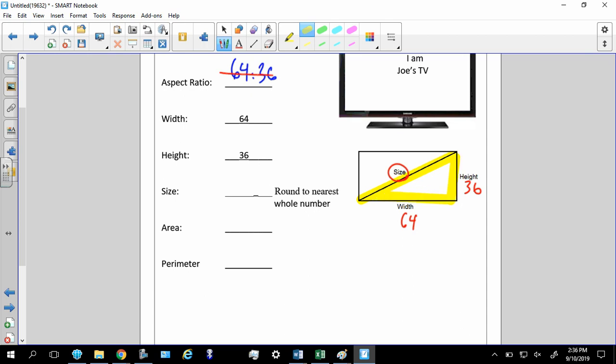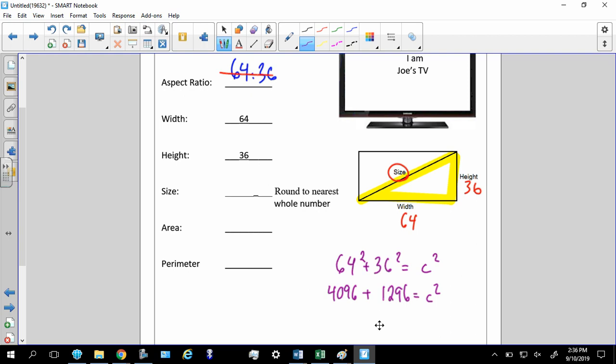Hey, look at that, that's the Pythagorean theorem. Oh, that's easy. So 64 squared plus 36 squared equals c squared. If I can do this real quick: 64 squared is 4096, plus 36 squared, 1296, equals c squared.